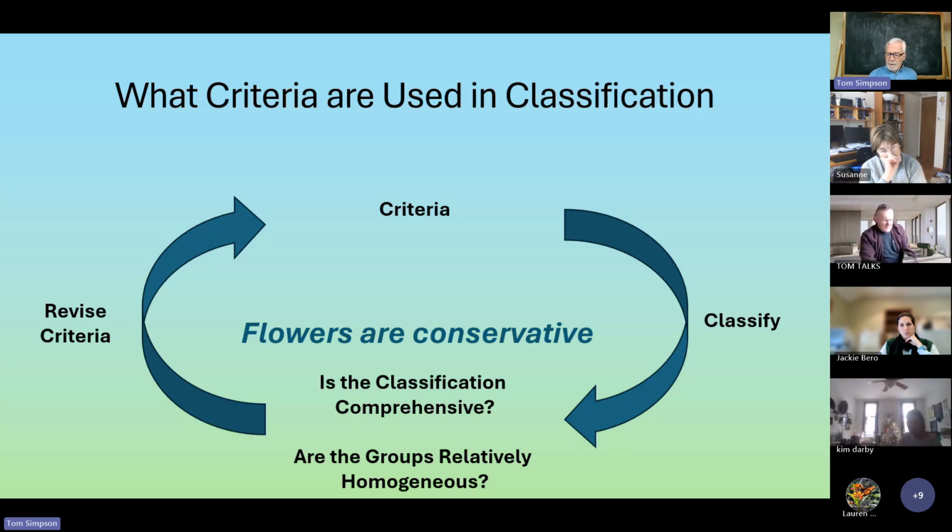Let's think of an example of a group of plants, and one of the members of that group has a mutation of the color gene, and instead of blue flowers, it now has red flowers.